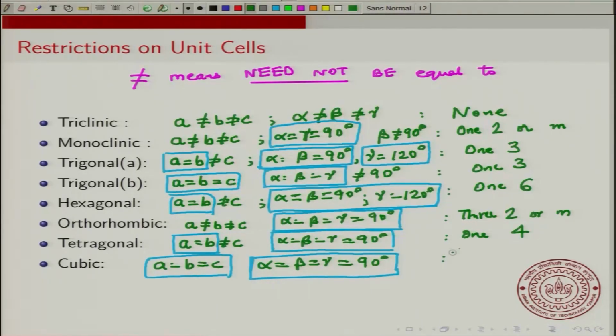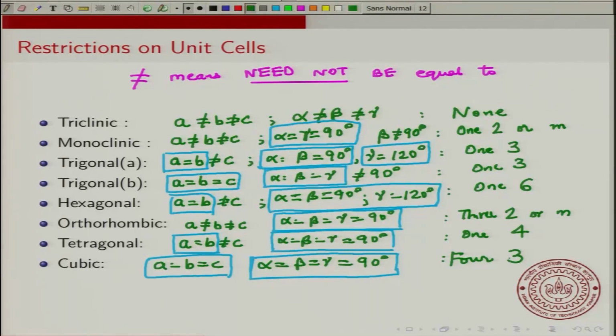Okay, and it should have four 3-fold axes. Okay, that is the essential symmetry.